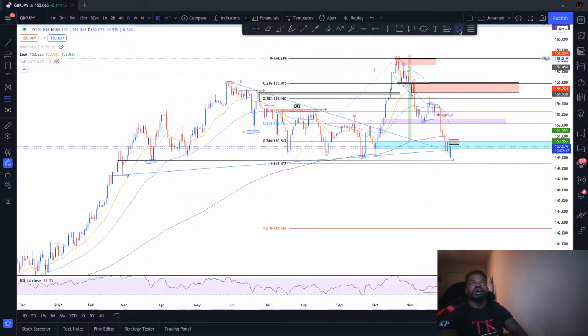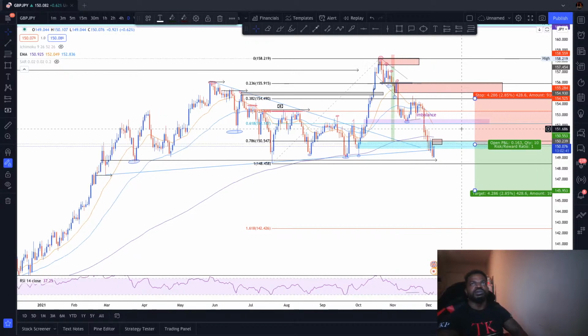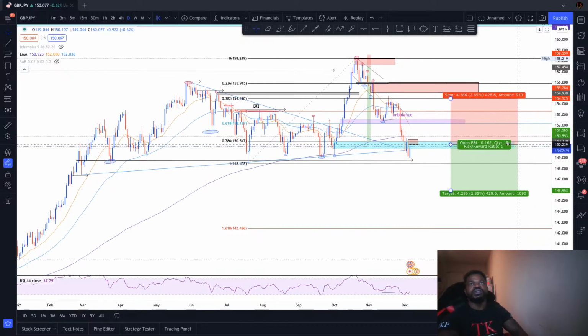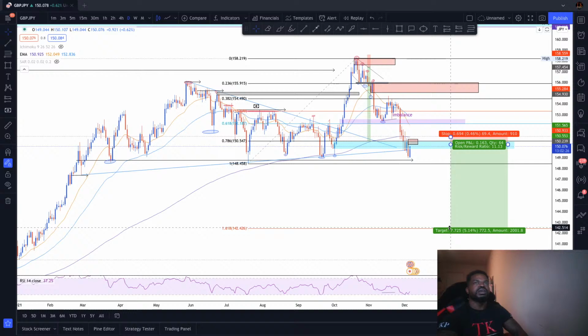So we'll look at potential target areas if pound JPY continues to go on the sale, and we'll also look at potential target areas if JPY breaks above this zone to create a higher high and pull back. So we'll see trade ideas or trade setups for both sides.